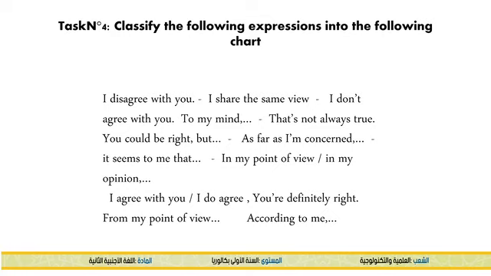You could be right, but as far as I'm concerned, it seems to me that, in my point of view, in my opinion, I agree with you, I do agree, you are definitely right, from my point of view, and the last one is according to me. So you are going to classify these expressions into expressing opinion, agreeing or disagreeing.